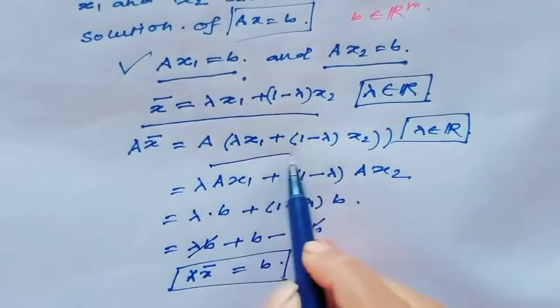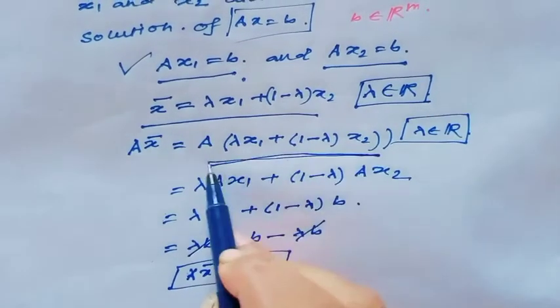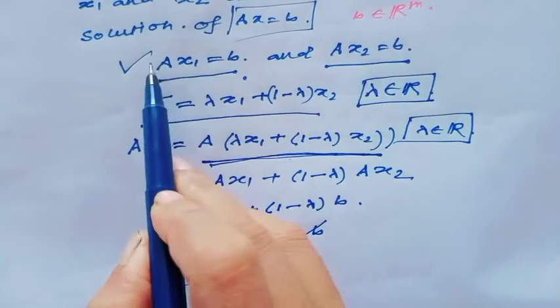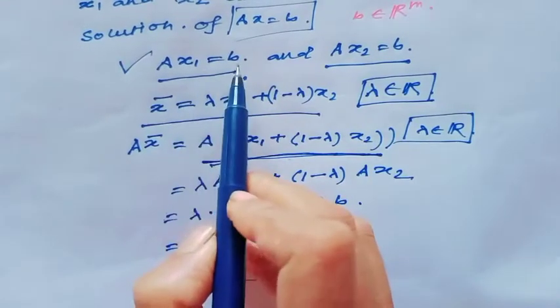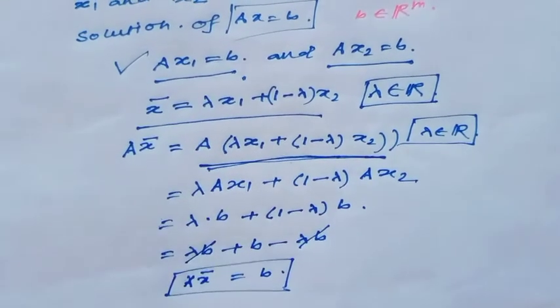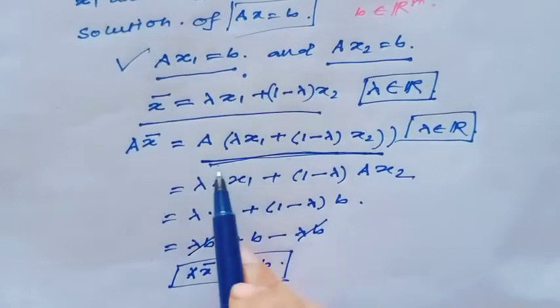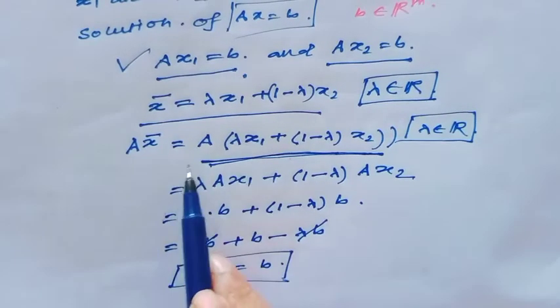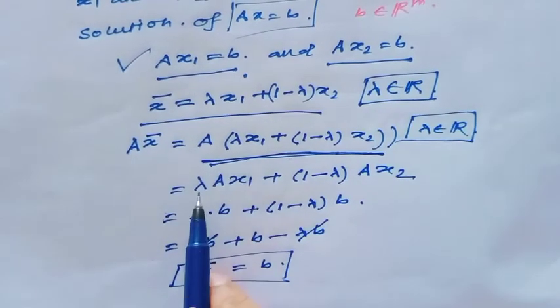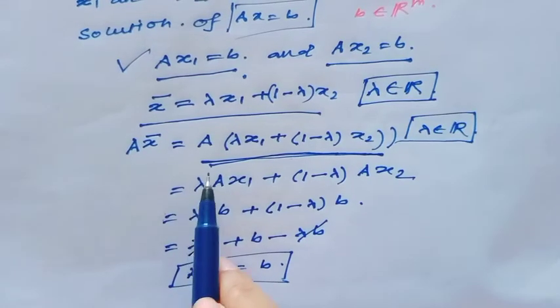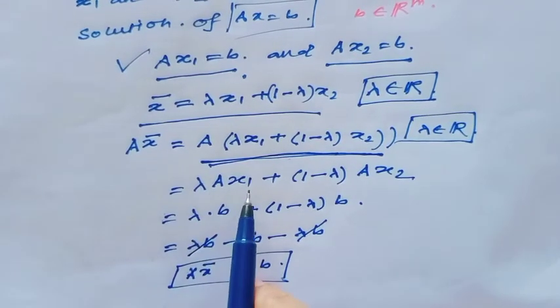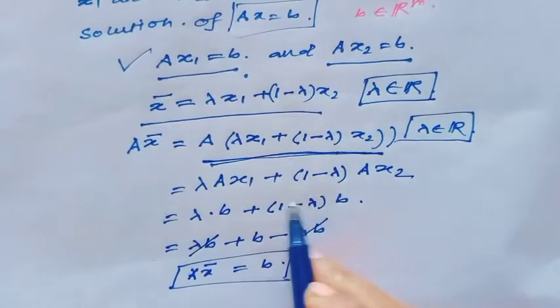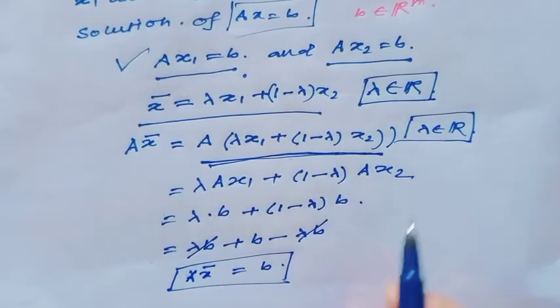Since all of us know Ax = b is a linear equation, by linearity we can take lambda outside, then this would be lambda times Ax1 plus (1 - lambda) times Ax2.